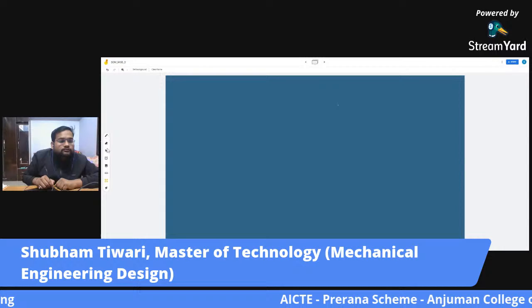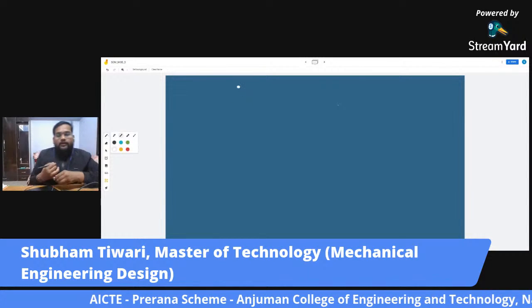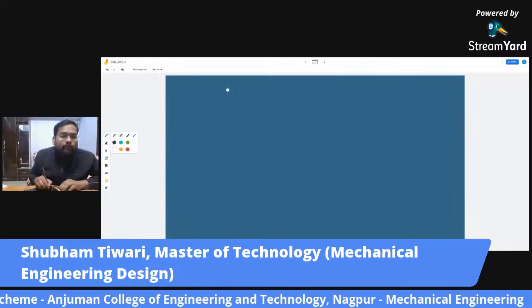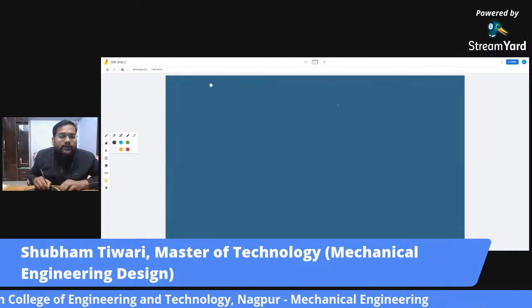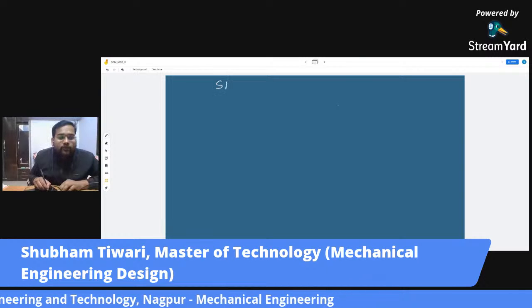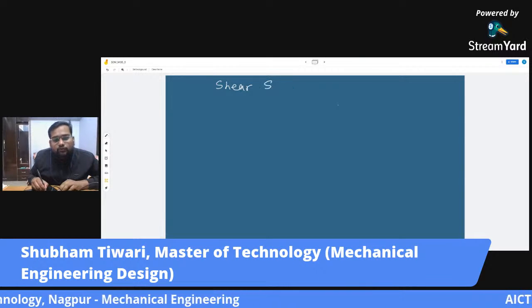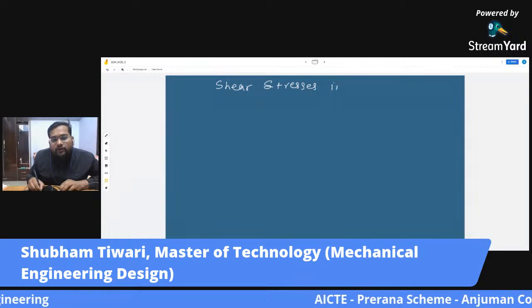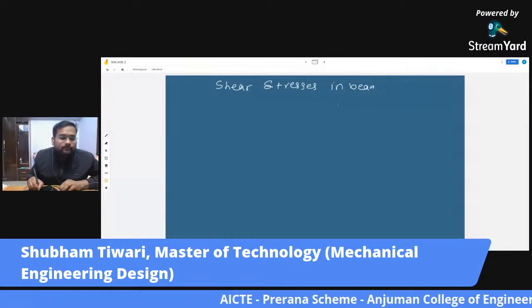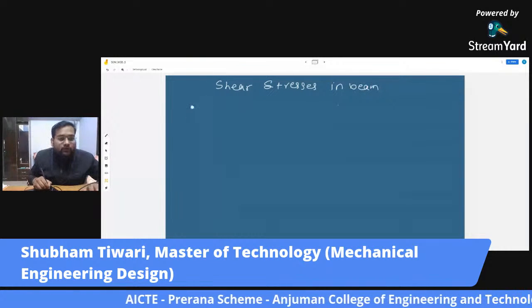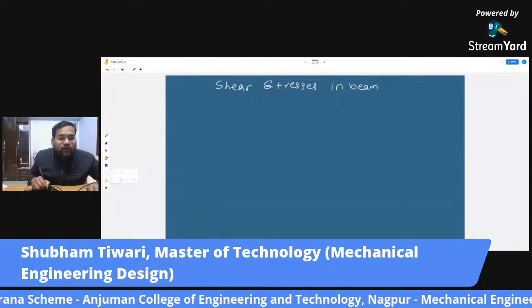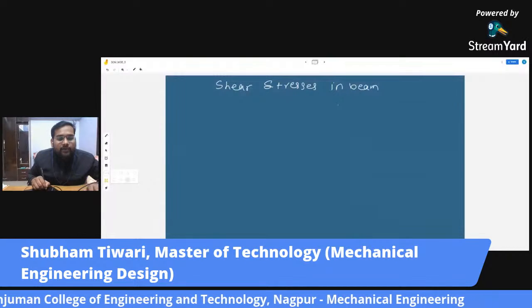Now this topic is shear stresses in beams. Consider a cantilever beam.